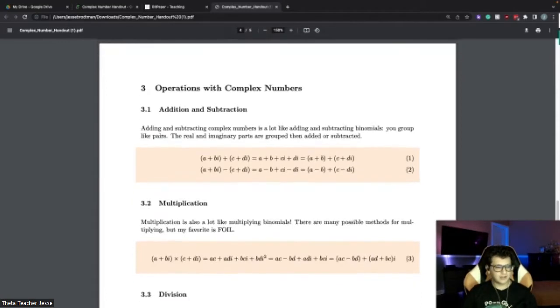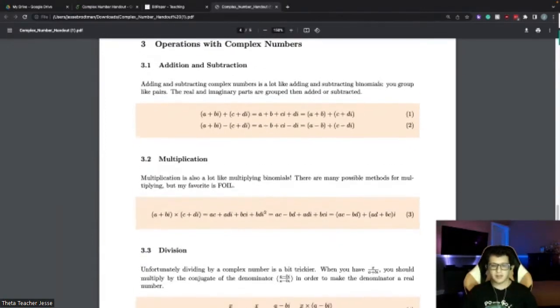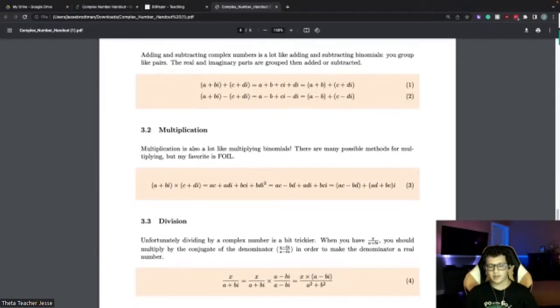And it's the same for addition and subtraction because we know subtraction is just adding the negative. So now we can go on to multiplication. It's also a lot like polynomials, kind of like the FOIL method, my preferred way for binomials. If you have a plus bi times c plus di, it's the same as multiplying a plus bx times c plus dx. Using FOIL, we have first, so you group the first of each pair. That's a times c, which is our term right here. Then the outside, so that'd be a times di, which is right here.